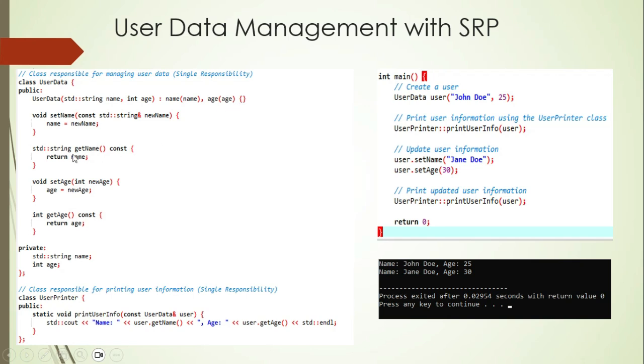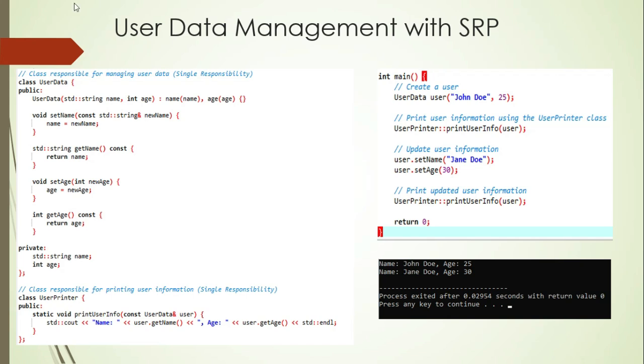Void setName. What will it do? This setter method allows you to update the name of the user. It takes a string argument, newName, and assigns it to the name member variable.